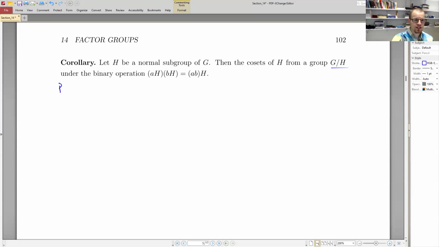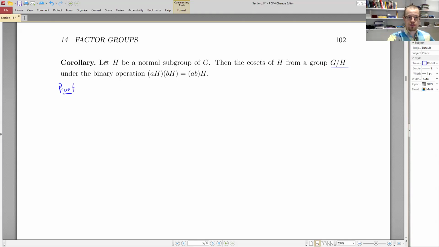And what I'd like to do is prove this, which is just a matter of verifying the three conditions that are required to have a group. Okay, what are those conditions? Well, we just have to have associativity of the binary operation. We have to have that the group contains an identity, and we have to show that the group contains inverses. So we just have to verify those three things.